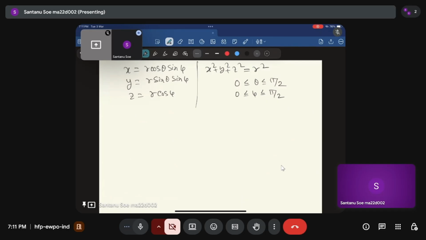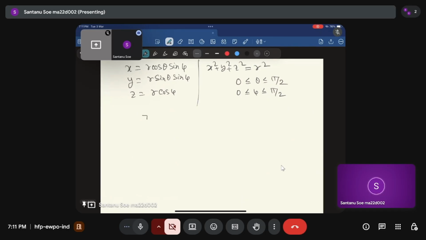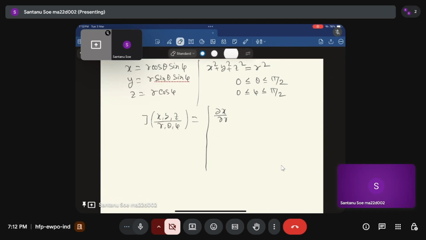Correct. Now we have to calculate the Jacobian, which is J of xyz divided by r theta phi, which is nothing but the determinant of this matrix: del x del r, del x del theta, del x del phi.